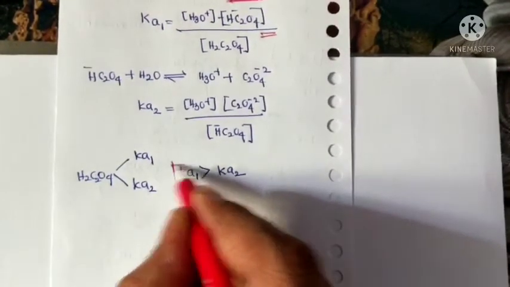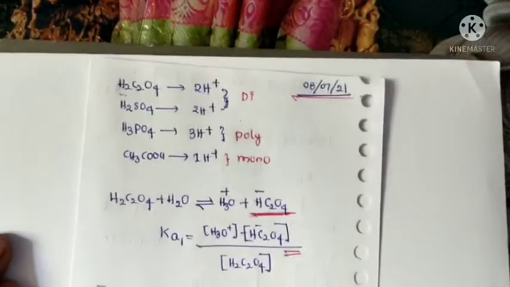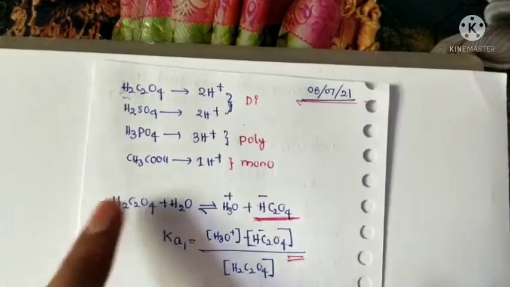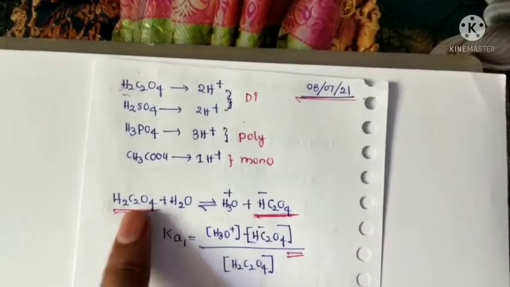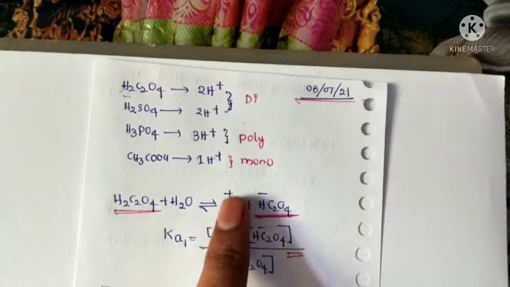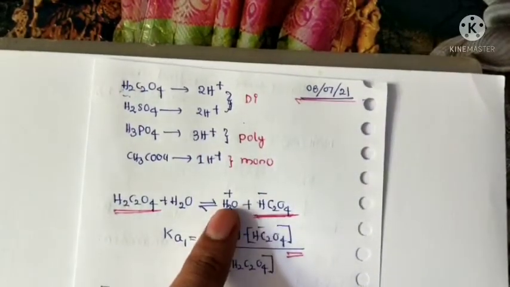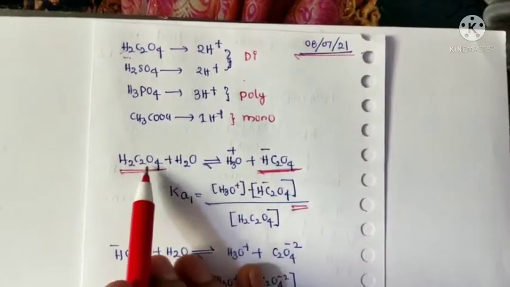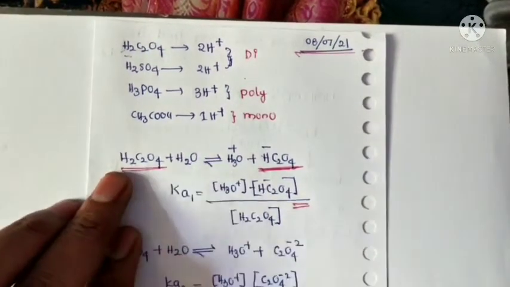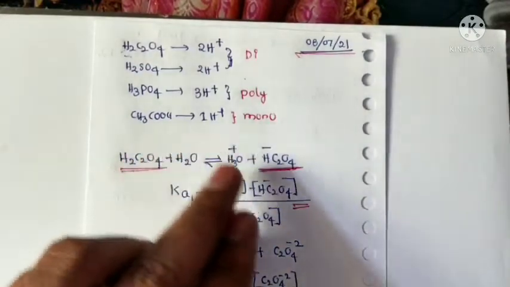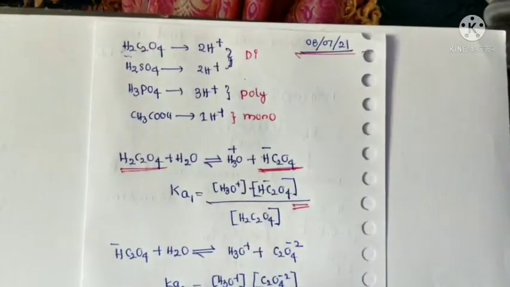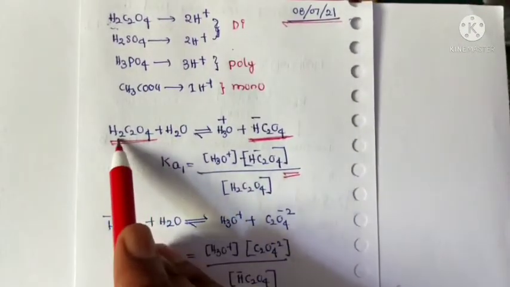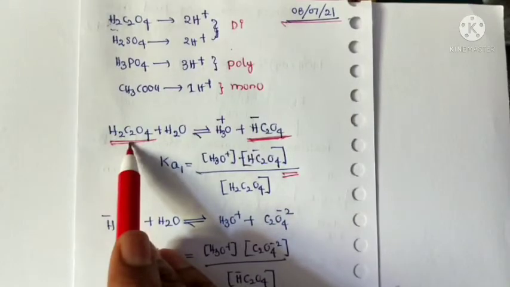because in the first ionization the proton is removed from a neutral molecule. Whenever a proton is removed from a neutral molecule, it is very easy, or the energy required for removing a proton from a neutral molecule is very little.